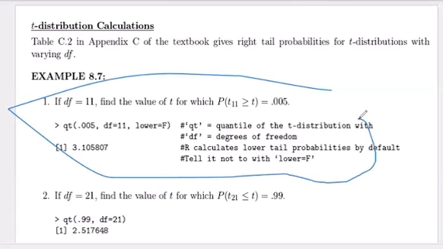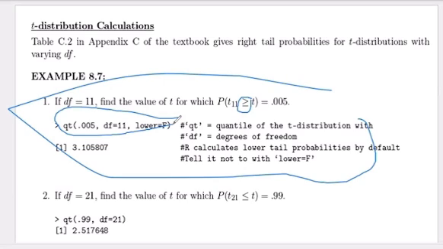If the degree of freedom is equal to 11, find the value of t, that is, we want to get a t-score, for which the probability that t11 is greater than or equal to t is 0.005. What sign do you see? A greater than sign, right? If I want to do this in R, I'm going to write qt. If I want to get a t-score, I write qt.